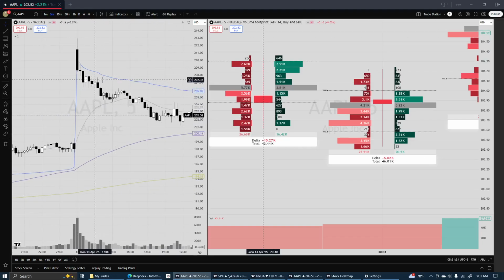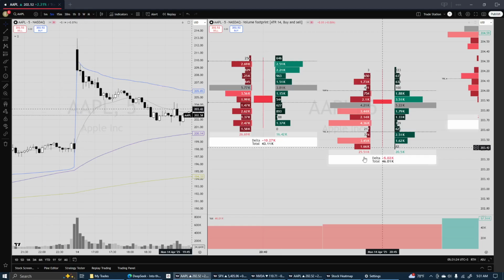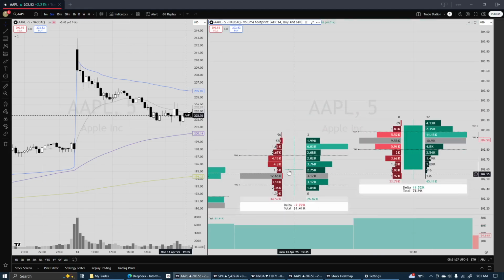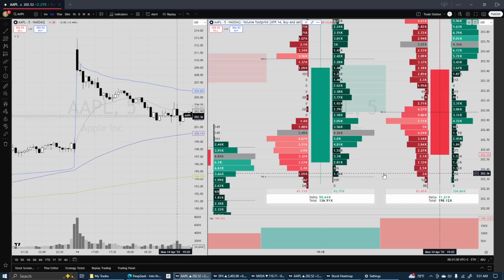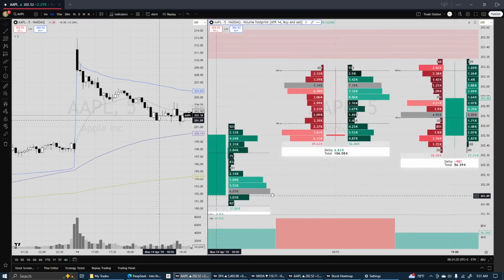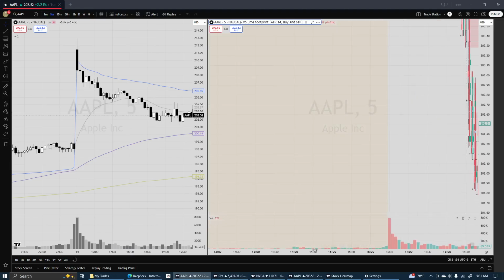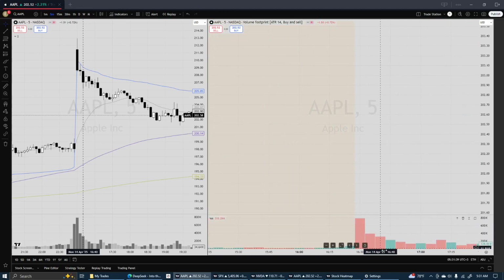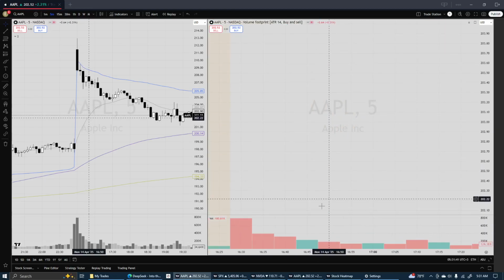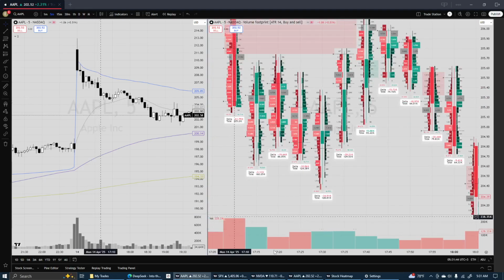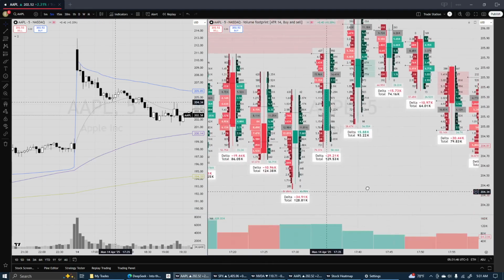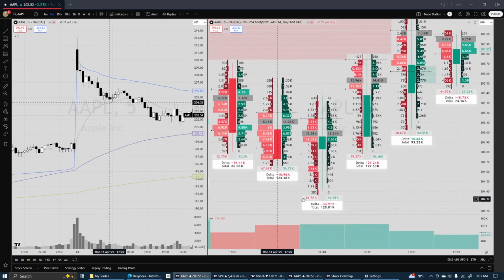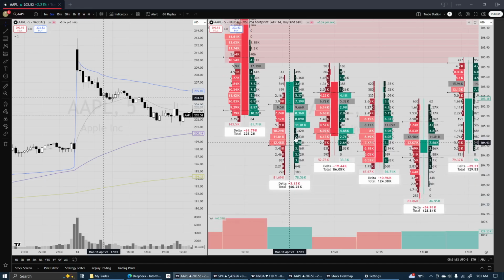Something that I was actually reading. Okay, let's try going back to 1635. Let's go here. Let's see what value area is overlapping and around a round number.